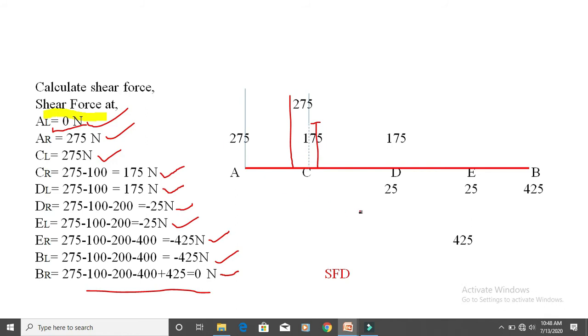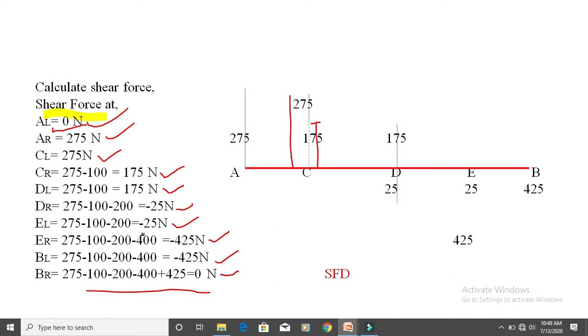Then next is D. D left is plus 175, so draw one vertical line of 175. Then D right is minus 25, and minus should be drawn below the baseline. This is minus 25. Then next, E left is minus 25 and E right is minus 425.